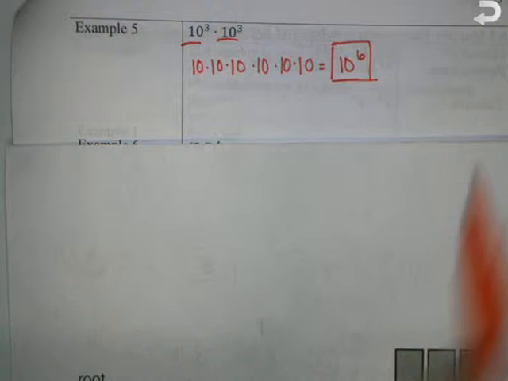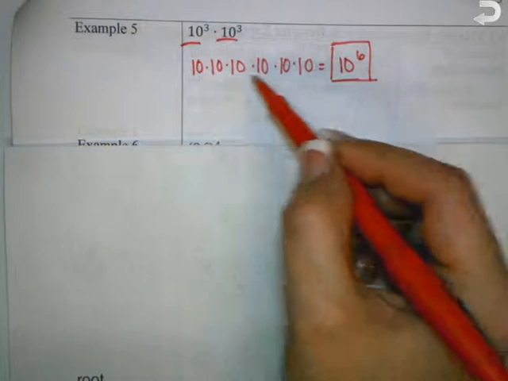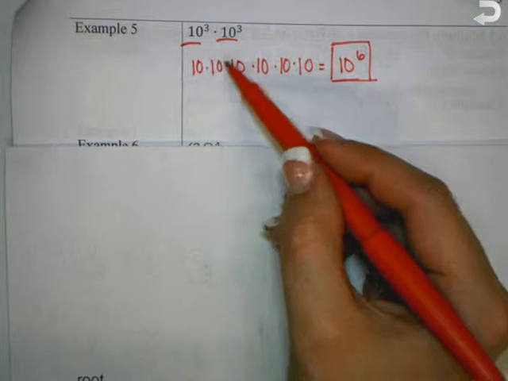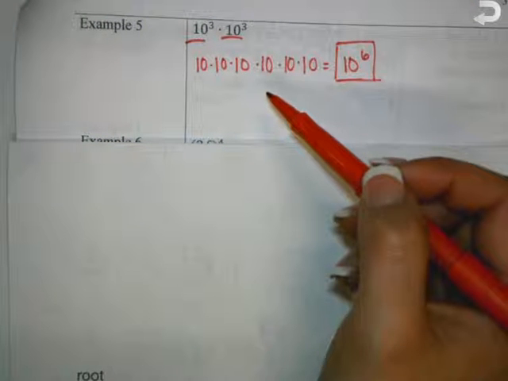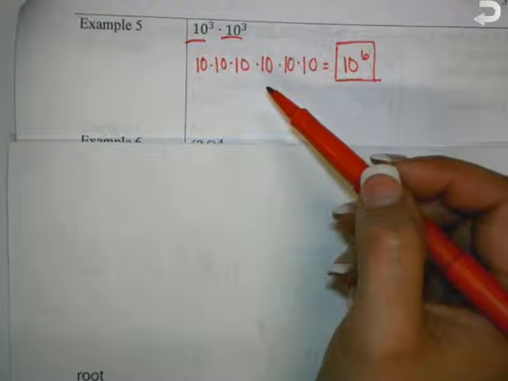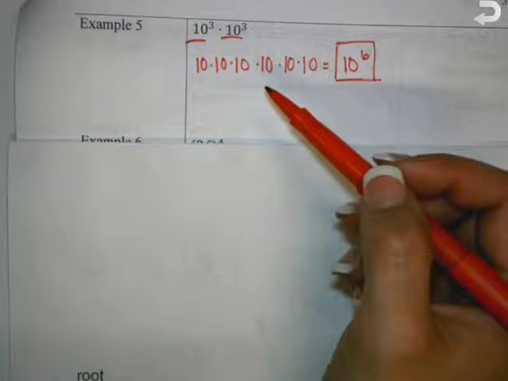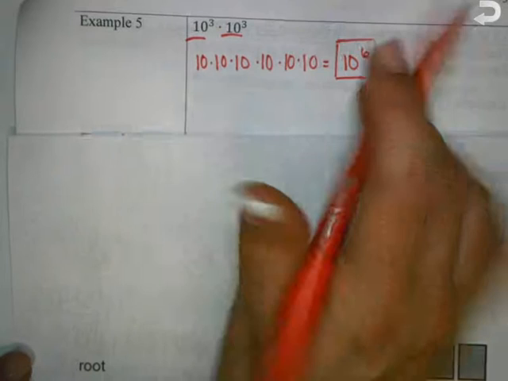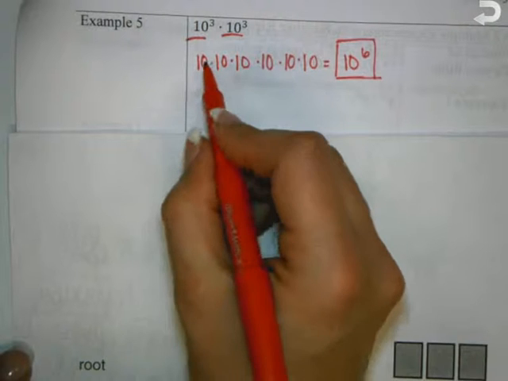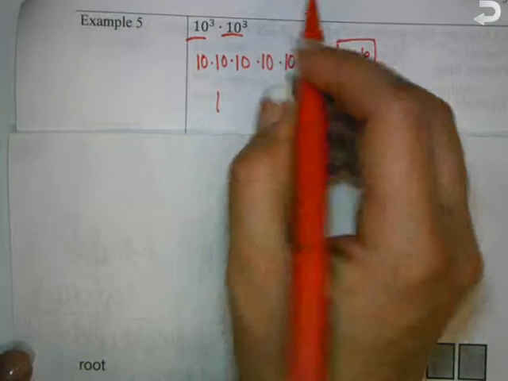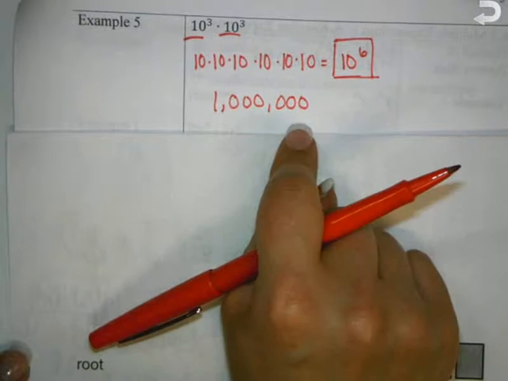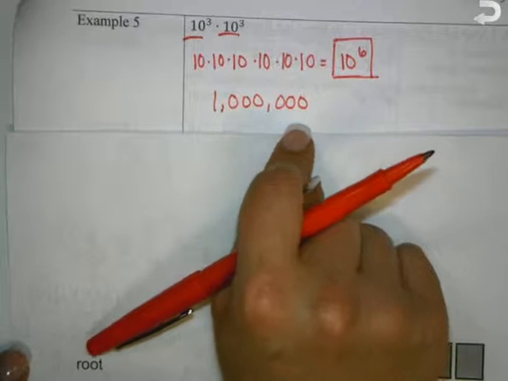So it's just 1 with 1, 2, 3, 4, 5, 6 zeros. That's 1 million. Remember, we do not multiply the exponent by the base.